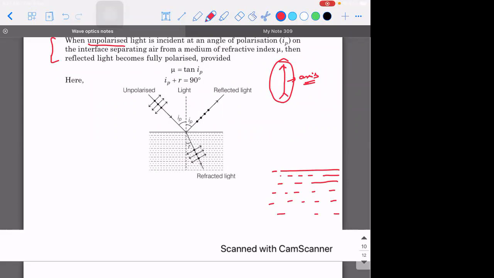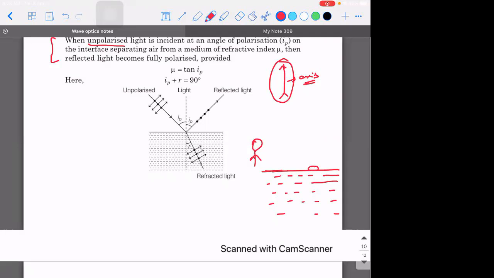Suppose you have a water body, and you stand near it and try to observe the surface of the water. There will be certain spots where you cannot directly look with your eye. You'll feel so much glare and a lot of disturbance. Have you ever experienced it, especially during afternoon?